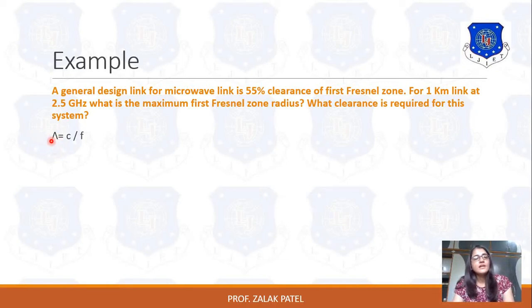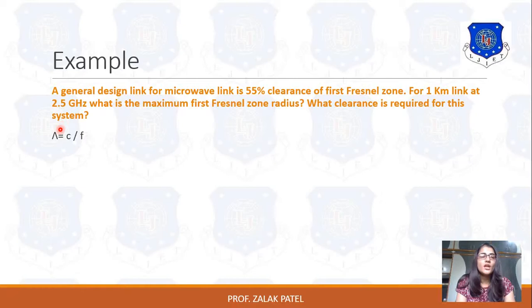Wavelength is given by lambda equal to C by F. No medium is mentioned in the question, so we take free space as our medium, and that's why we take C. If a medium is present, you first have to calculate the velocity using v equal to 1 upon the square root of mu epsilon, but here free space is mentioned, so we take C directly.